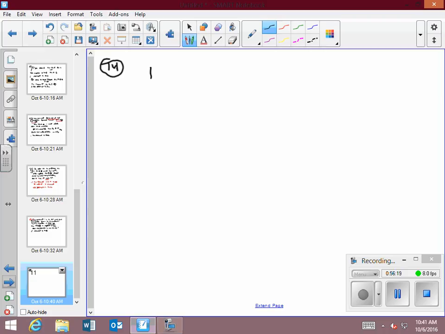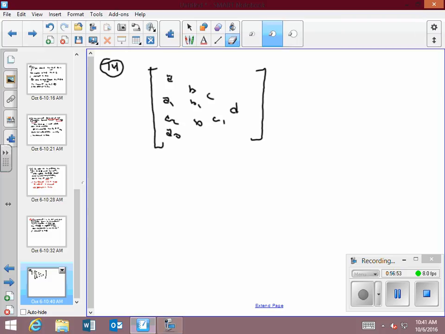So it's just saying that you have this main diagonal, which is A, B, C, D, whatever it is, and you have values down in here, which are A1, A2, A3, D1, D2, and then C1, and then everything up here is zero.